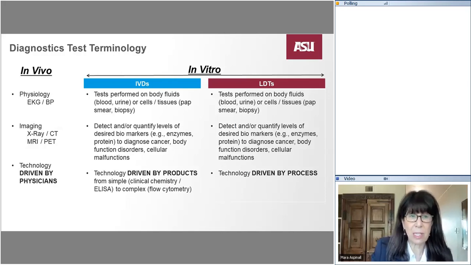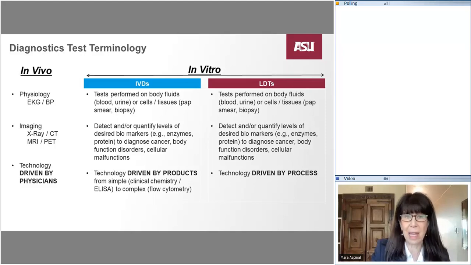All the imaging tests are typically called in vivo tests: X-ray, CT, MRI, PET. Most salient piece here is they're driven by physicians. Yes, there are automated systems, but it's a physician who signs off on those tests and typically is the person going forward to recommend that test. So that's one major category.